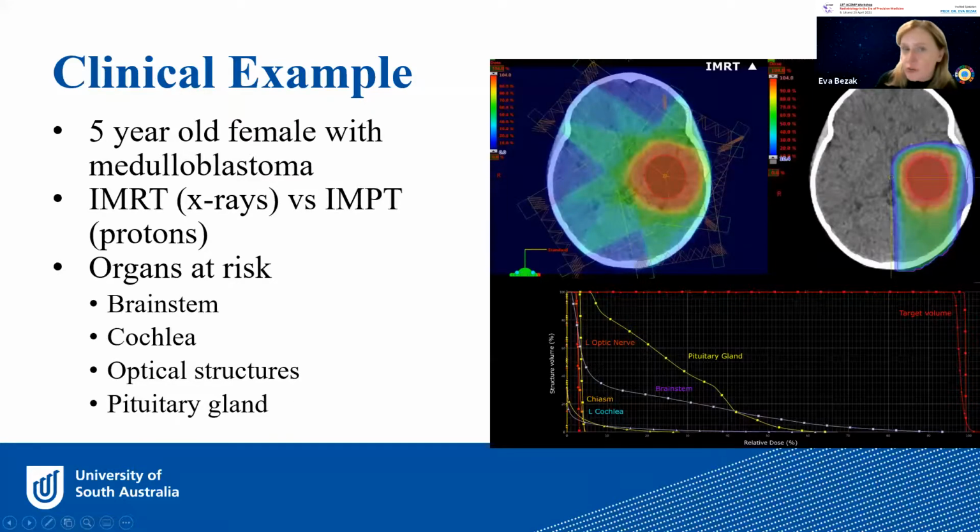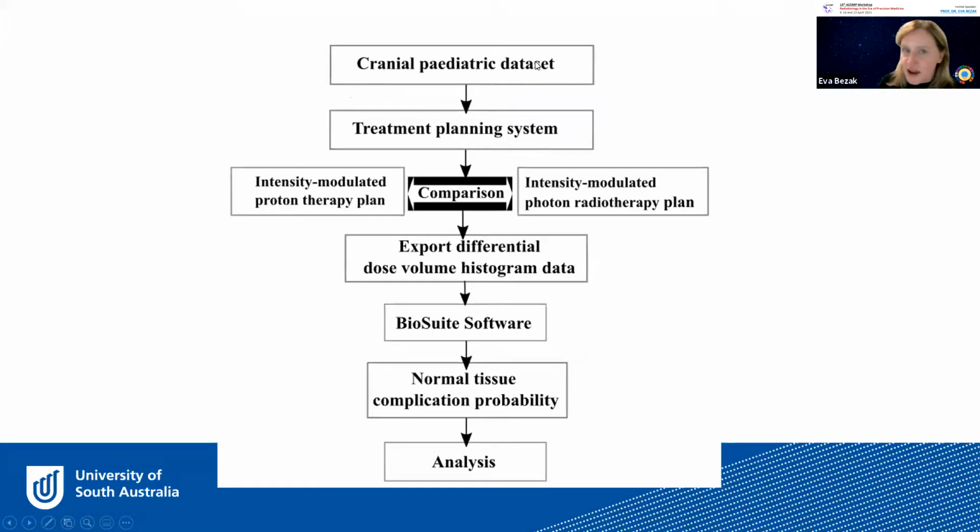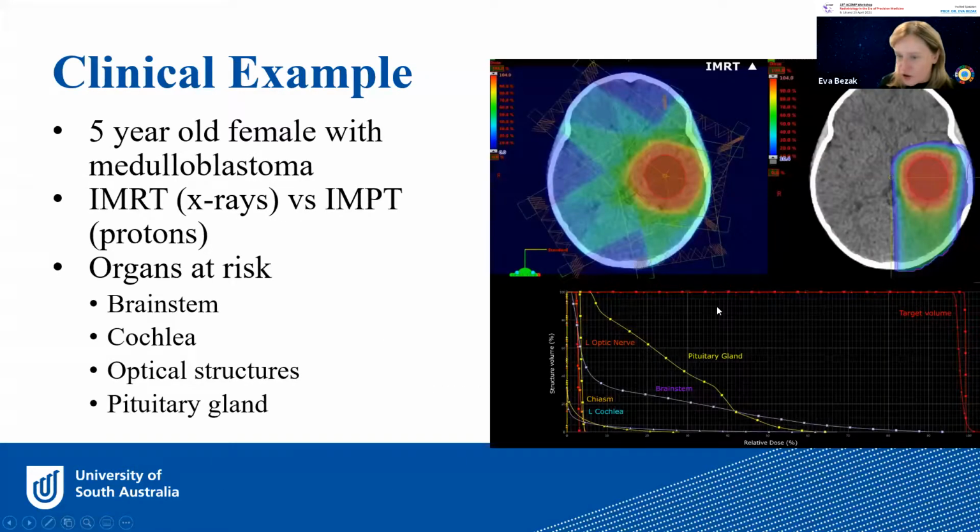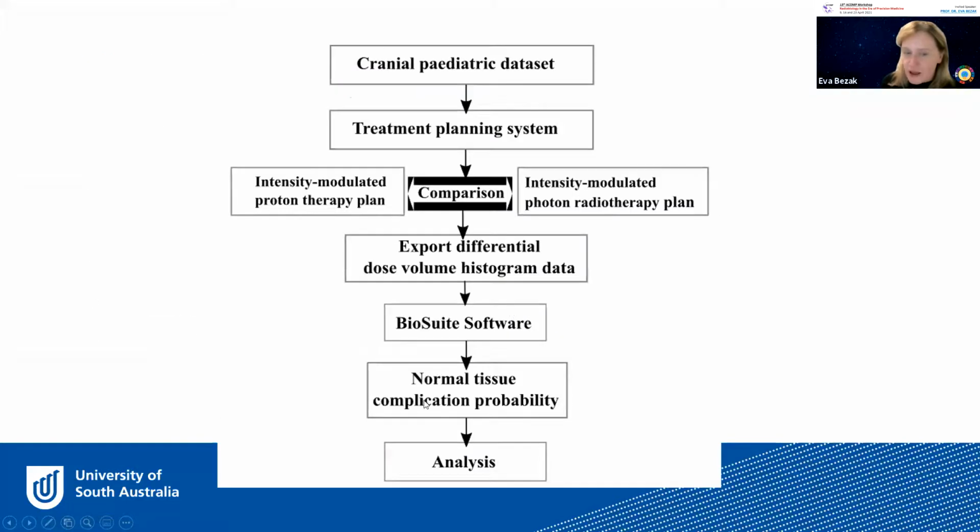In our work, we obtained a cranial pediatric data set, which we imported into the treatment planning system. We created the 2 treatment delivery models, looking at the dose distribution, and we exported these dose volume histograms to the BioSuite software. And in the BioSuite software, we calculated the normal tissue complication probability for further analysis.